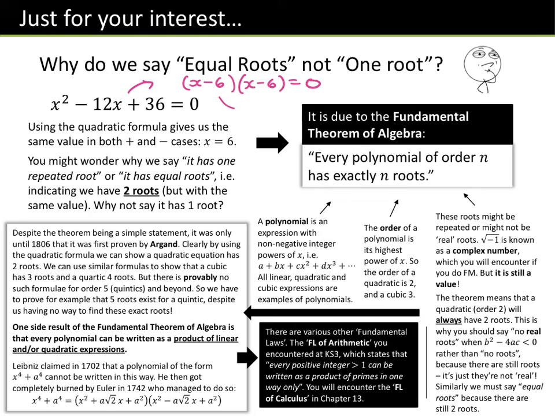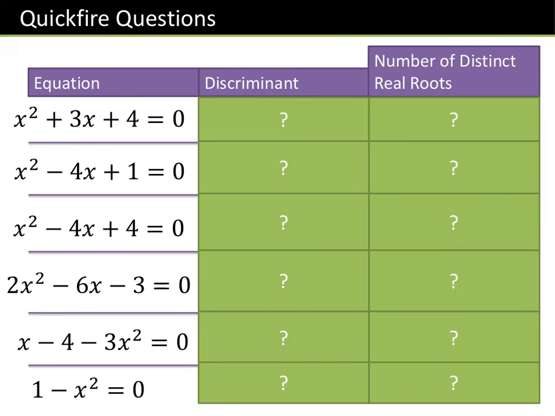So I actually have 2 lots of x minus 6. It's equal roots because 6 and 6 are equal to each other. But really, it's just 1 root. Have a look into that a bit more if you want to challenge yourselves.